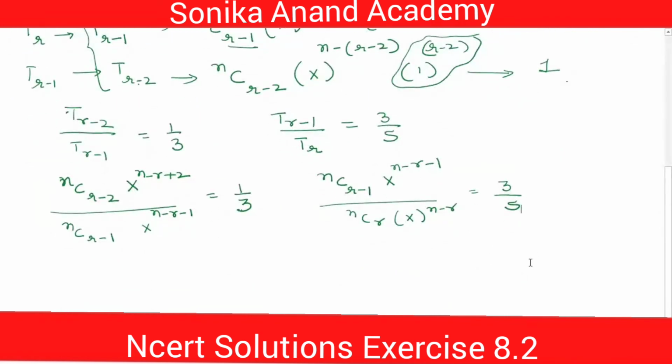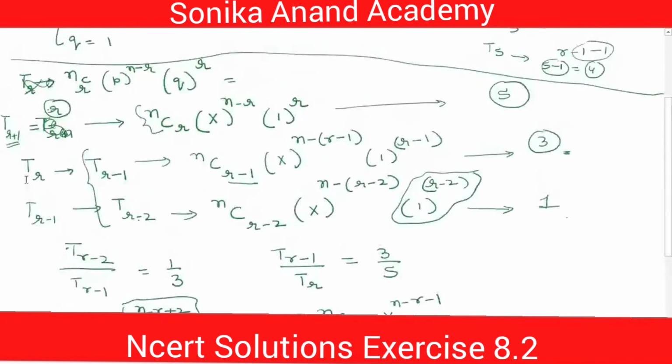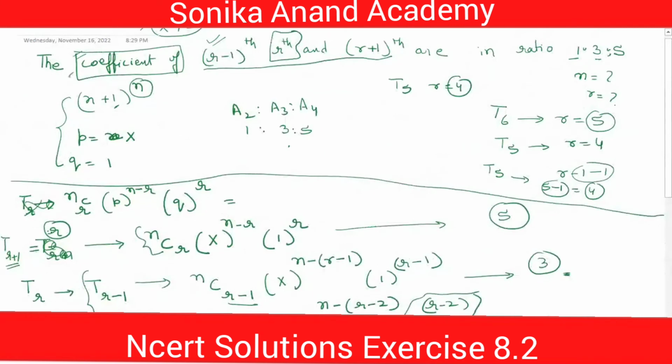Now listen, this x is an alphabet variable, and in the question we have to solve for the coefficients. For example, we have a term like 2x square. This 2 is the coefficient and this is the variable. So we have to consider only coefficients. We leave these things and only go for coefficients.